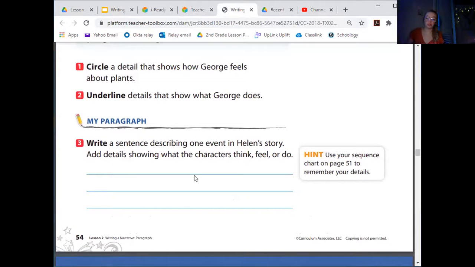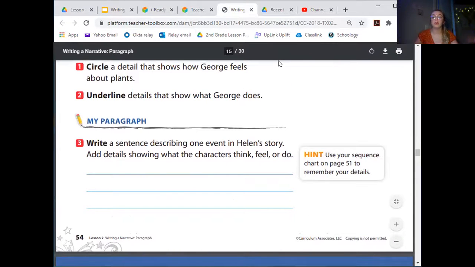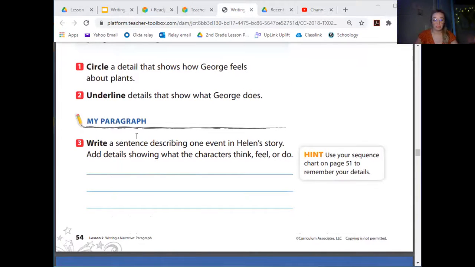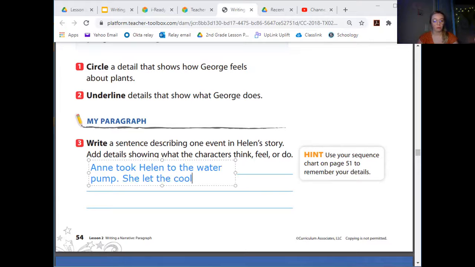I realized that yesterday I forgot to show you an example of a middle. So before we get started today, I'm going to show you an example of the middle that I wrote yesterday on page 54. The middle I wrote was, Anne took Helen to the water pump. She let the cool water splash on Helen's hand.